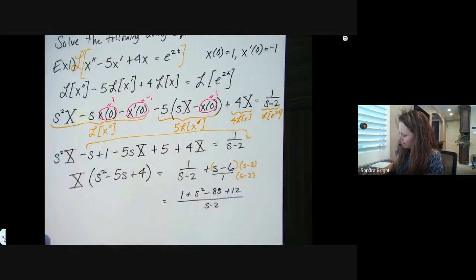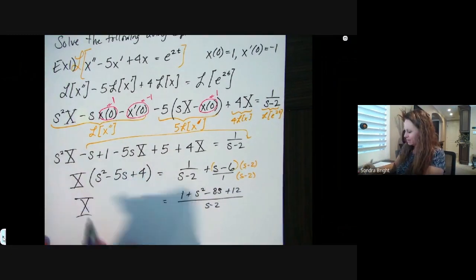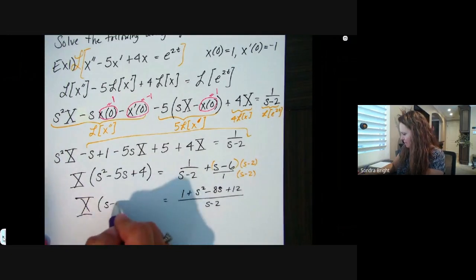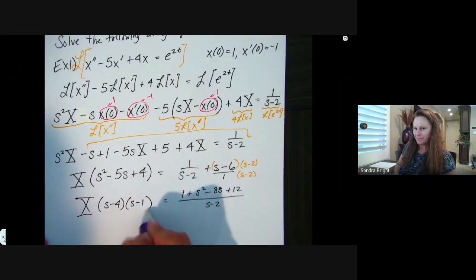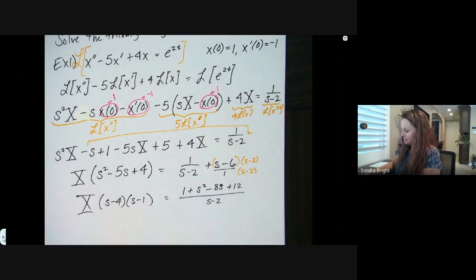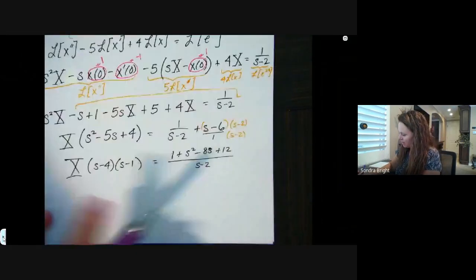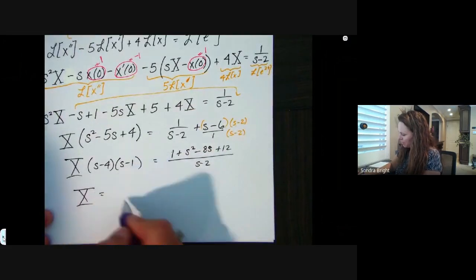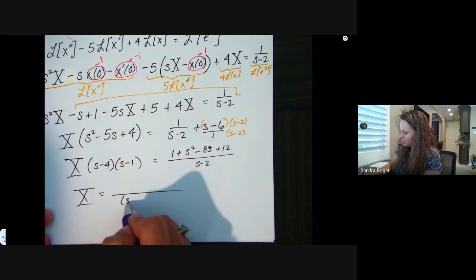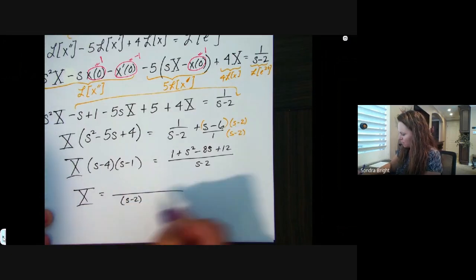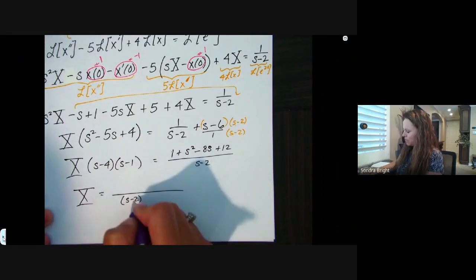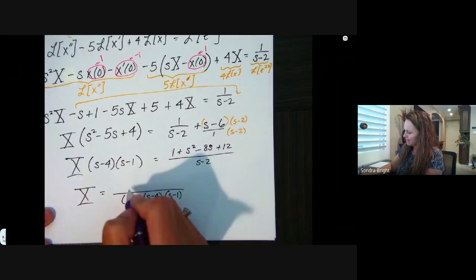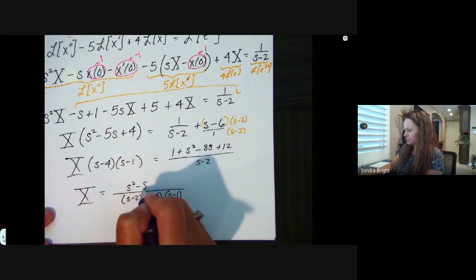Over here, this factors as s minus 4 and s minus 1. So capital X is equal to, with an s minus 2 in the denominator, dividing by s minus 4 and by s minus 1, and up top an s squared minus 8s plus 13.